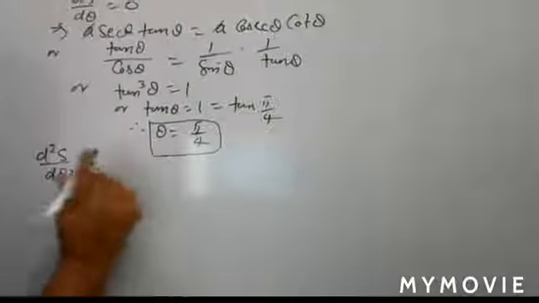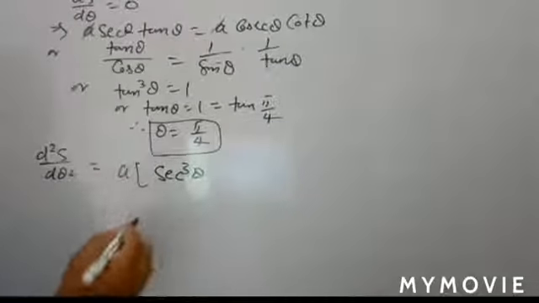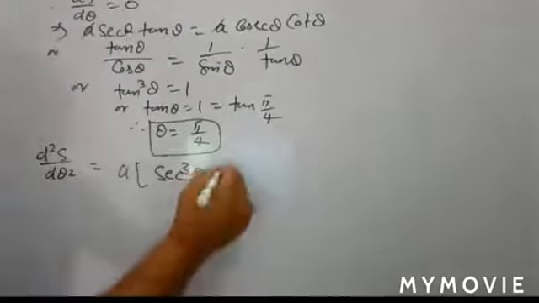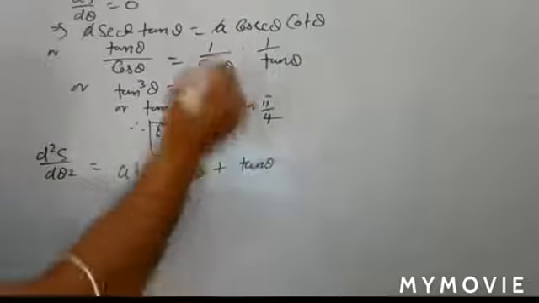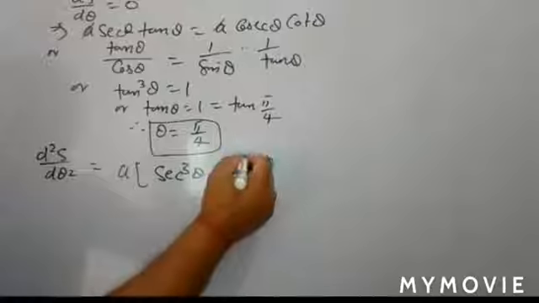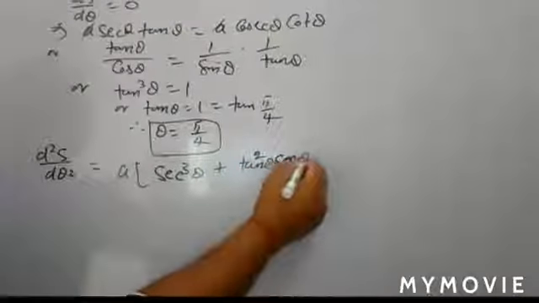So here you have a into sec cube theta, first function differentiation of second, plus second function tan theta, and differentiation of first, sec theta tan theta, so tan square theta into sec theta.